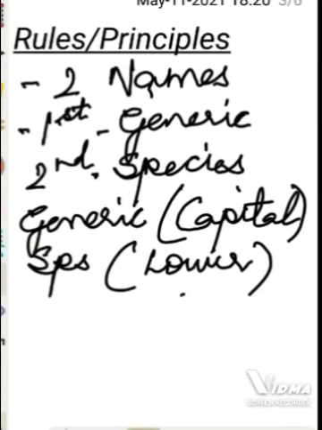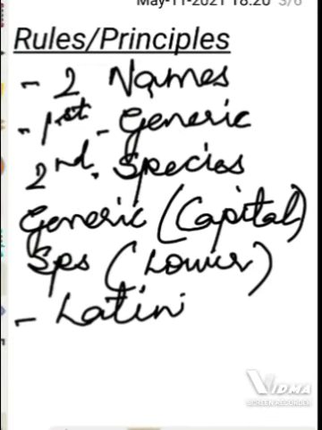The next rule is that the language used to name these organisms is always Latin. Now, why is Latin used? Because Latin is a dead language. Dead language means there is no modification, no change in the language. So whenever a name is assigned to an organism, it remains permanent, it does not change, and it is universally accepted.